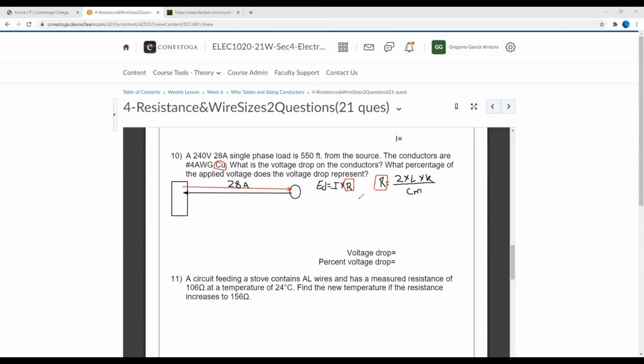When I substitute, it's going to look like E_D is equal to I, which is current, times, substituting the R for its formula, 2 times L times K divided by Cm. When we rearrange the formula, I always like to call it 2 times K I L divided by Cm.